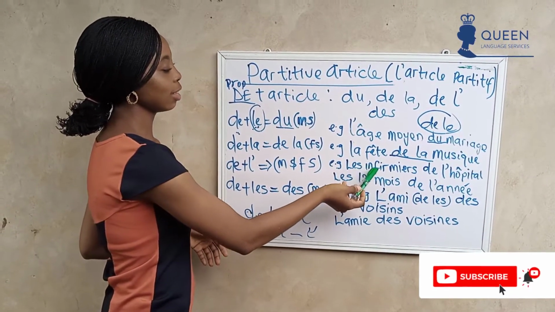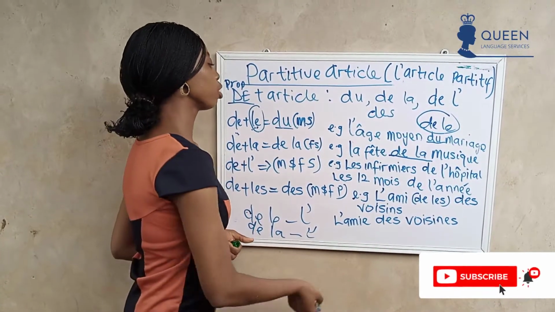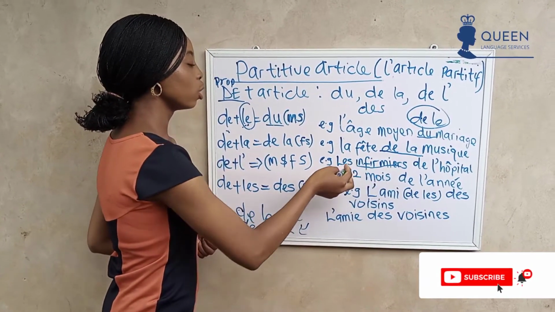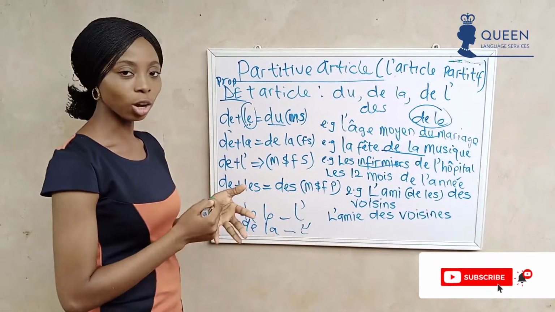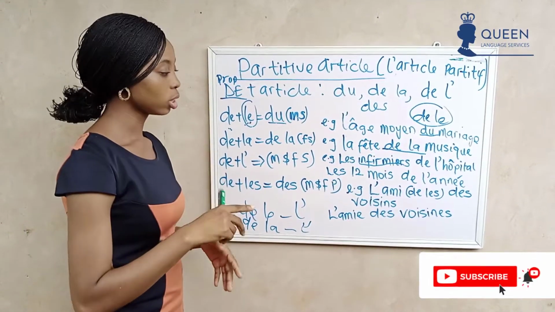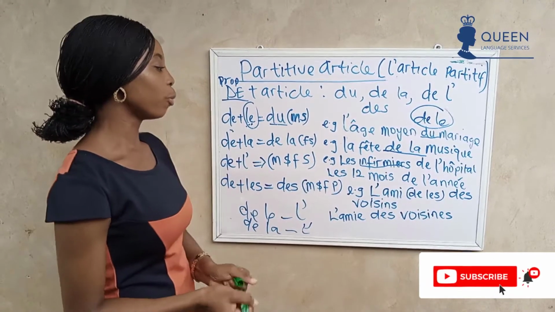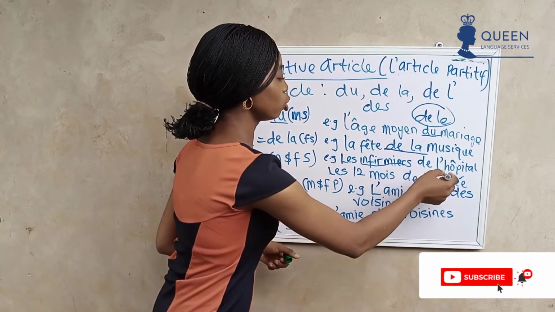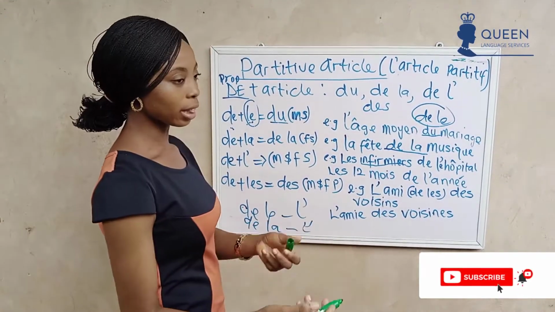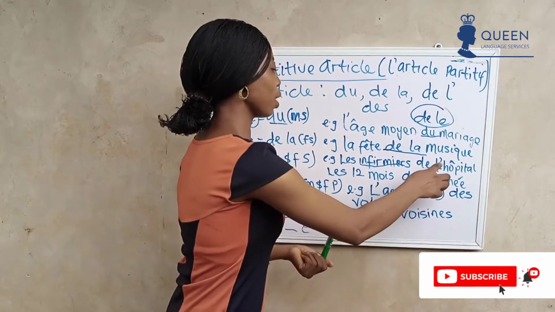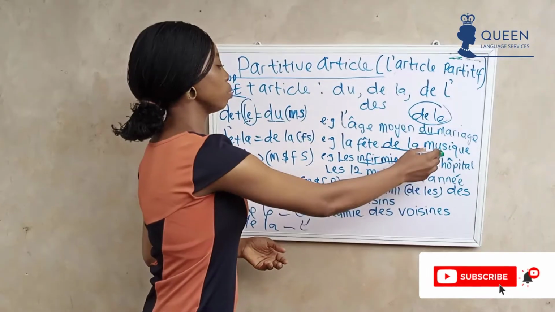We have examples. Les infirmiers de l'hôpital. This is in the masculine form because infirmier is of a masculine gender, and it is telling us that there is more than one nurse. Normally it's meant to be de le hôpital, but when we have a silent h or a vowel coming in between, we have it to be l apostrophe.